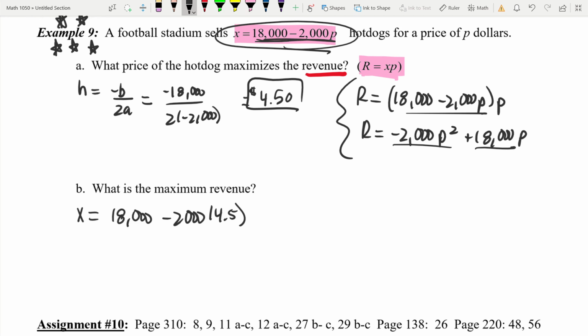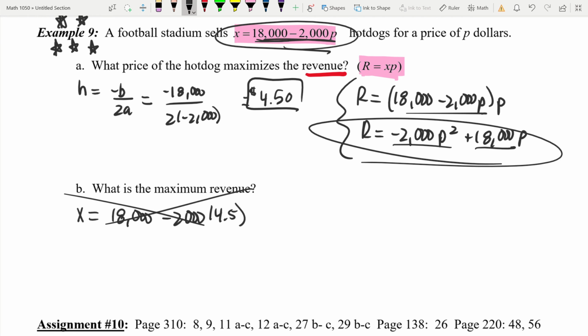Wrong. Why is that wrong? Because we made the new equation. You have to plug this into the parabola. Yes, so that's wrong. You put it here. So it's revenue equals negative 2,000 times 4.5 to the second plus 18,000 times 4.5. Okay, grab your calculator. Negative 2,000.